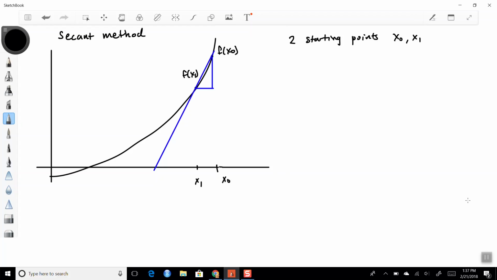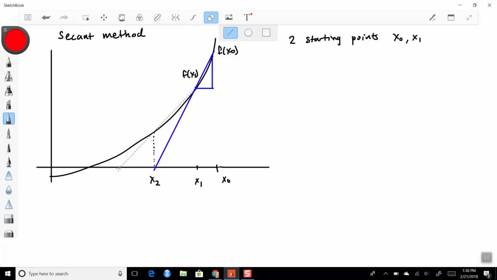Okay. And then at your next iteration, this right here is going to become x2, and then you go up, and you say, okay, well, now we're going to do a secant line right here using x1 and x2.